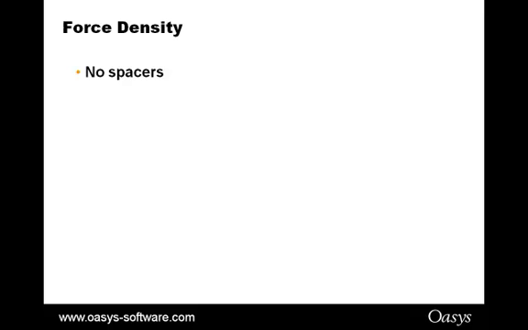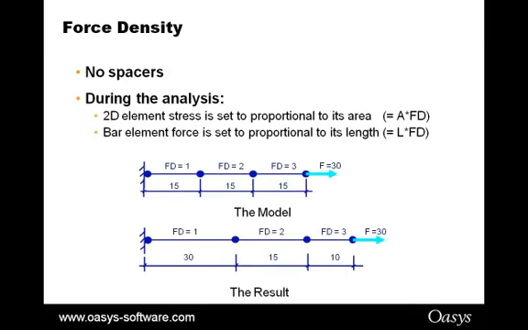But whilst in soap film you're defining the pre-stress, the forces you're looking for, with force density you're defining the force density. It's the stress proportional to the length of the element or in proportion to the area of the element. So for example, if we have this top example here with a different force density in each of these elements, you'll find that they end up with different lengths at the end.